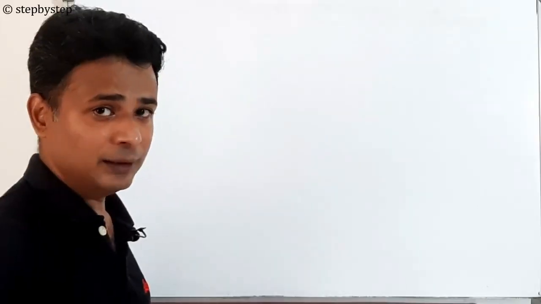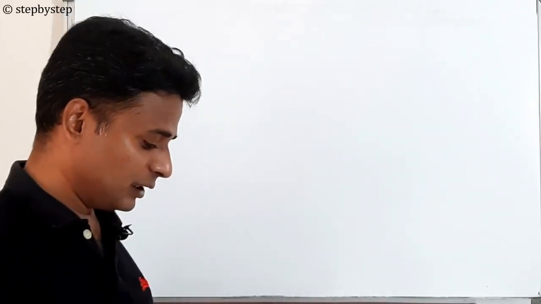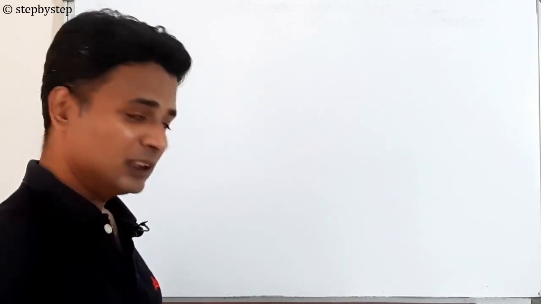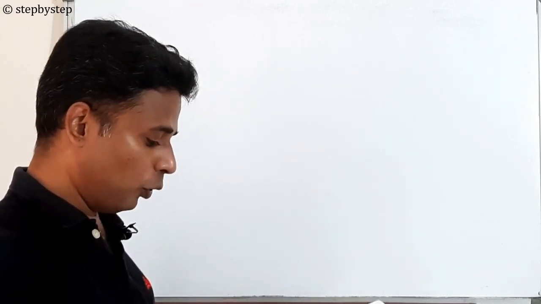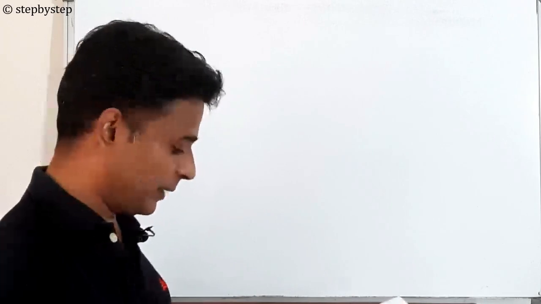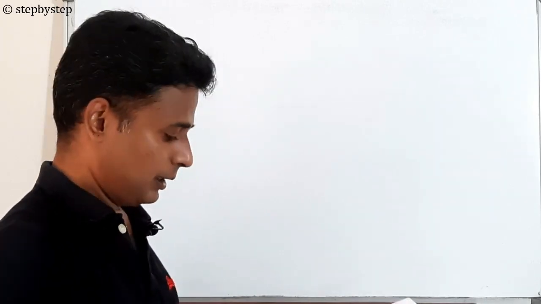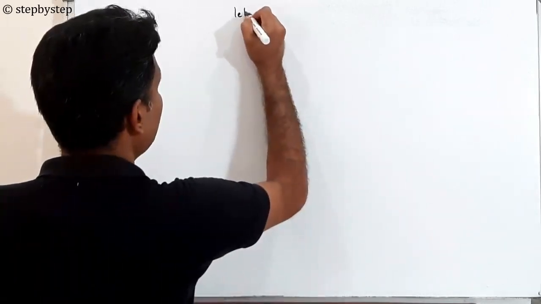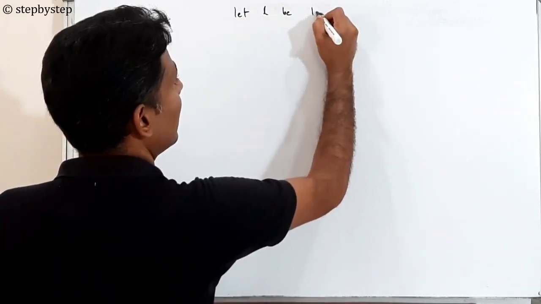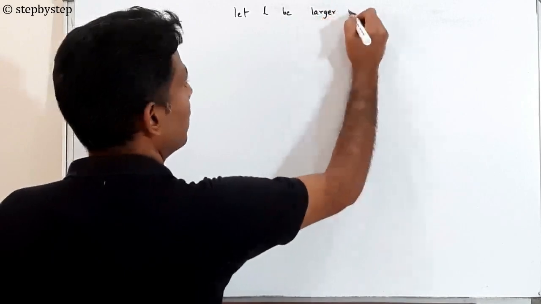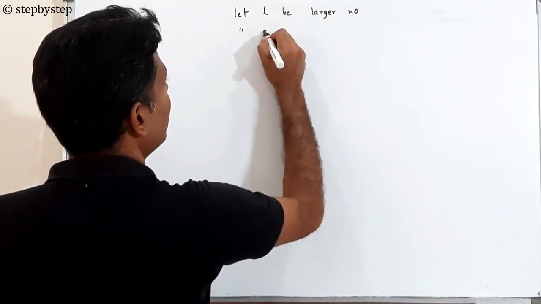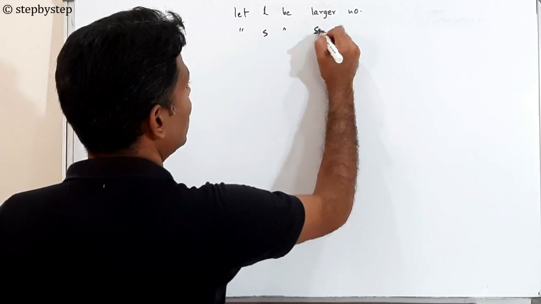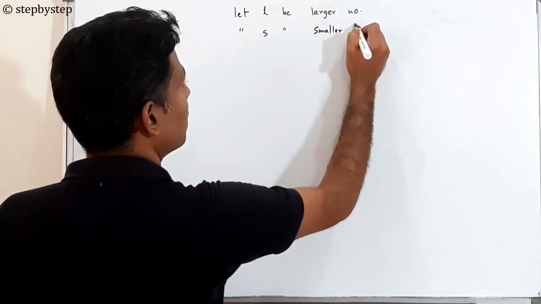The 8th question, if 3 times the larger of two numbers is divided by the smaller one, we get 4 as quotient and 3 as remainder. Okay, we have to find the numbers. One is smaller, one is larger. So what we'll do, let L be larger number and let S be smaller number.